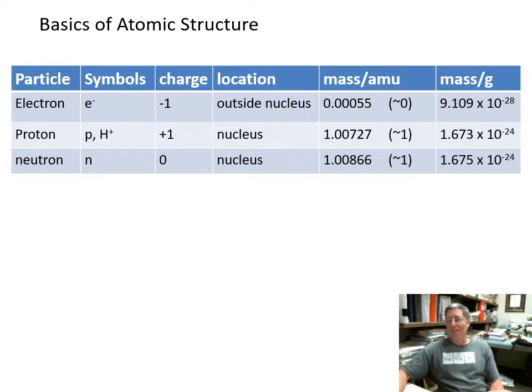You can't really just add up the mass of protons, neutrons and electrons to get the mass of the atom anyway, because of the nuclear binding energy. We'll talk about this a little when we do isotopes and average atomic mass. And the mass in grams is just there to show us how small and light the subatomic particles are, 10 to the minus 24th, 10 to the minus 28th. There's no real way to conceptualize that other than that it's incredibly small.